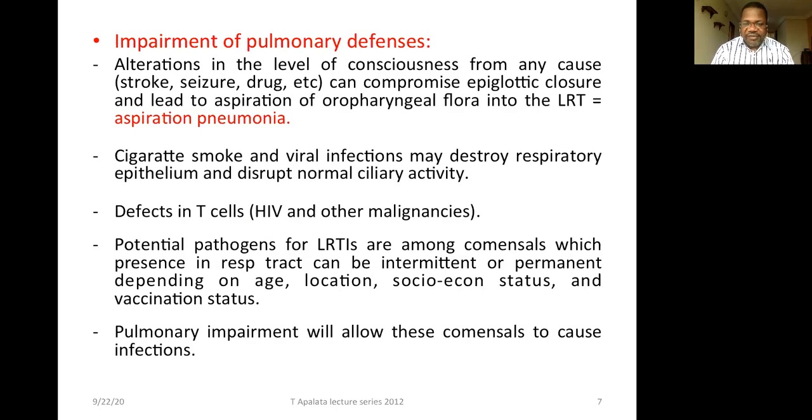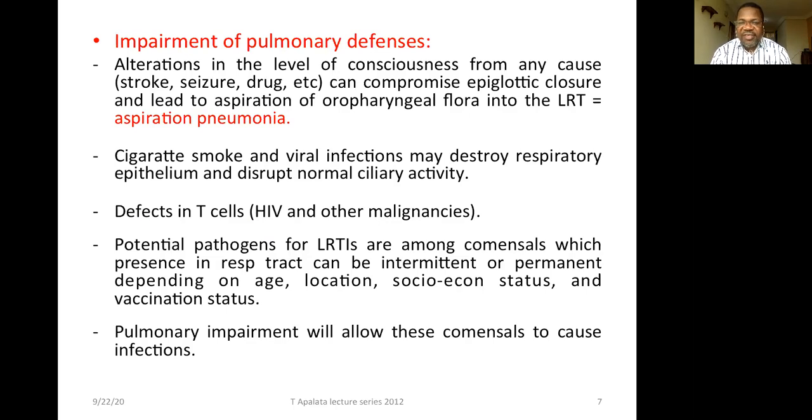One of the things that can happen is what we call alteration in the level of consciousness from any cause, like stroke, seizures, drugs, or excess alcohol intake.